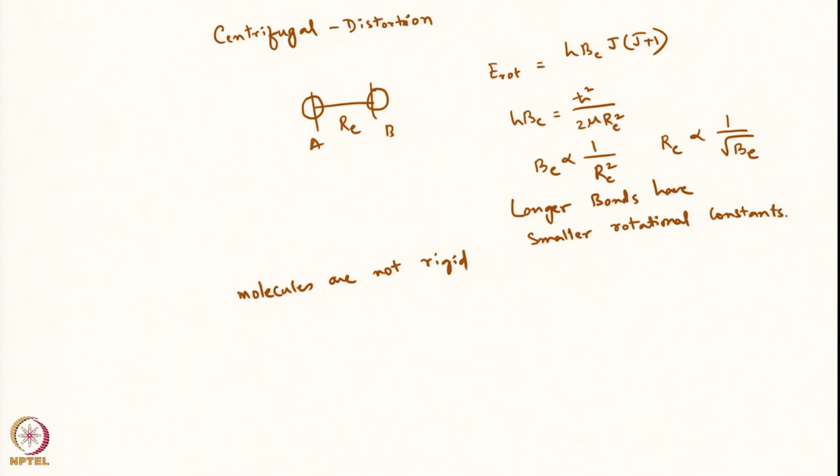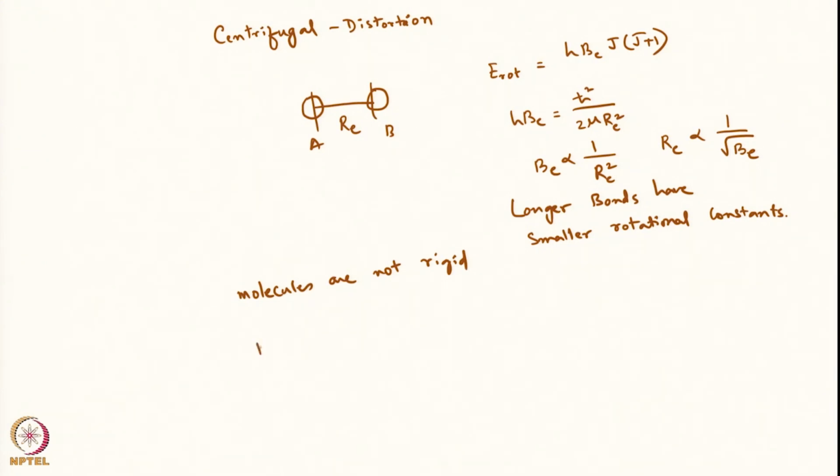They are going to move. Of course they vibrate, but the rotational motion and vibrational motion have different time periods. Vibrational time period is far smaller than the rotational time period. So, since there is a mismatch in time periods, the effect of vibrations on rotations is minimal and one can ignore that.